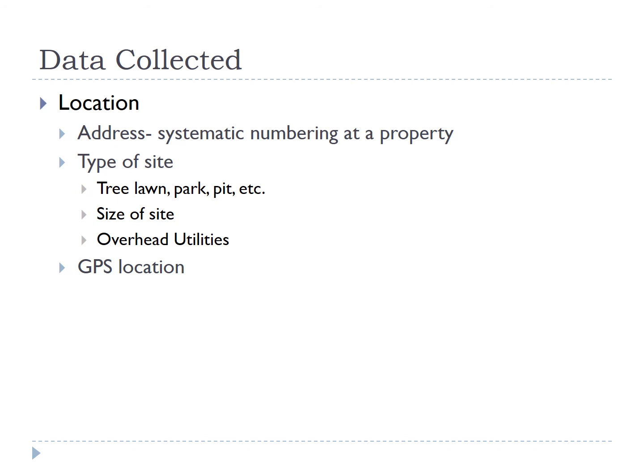Typically speaking, utility companies are most interested in pruning those that are three-phase wires and less interested with the single phase. And so it's useful to know what the overhead utilities are, to know where utility companies might be coming in to prune, and then also when thinking about planting sites, whether you should be planting a small tree or you can get away with a large tree if there are no overhead utilities.